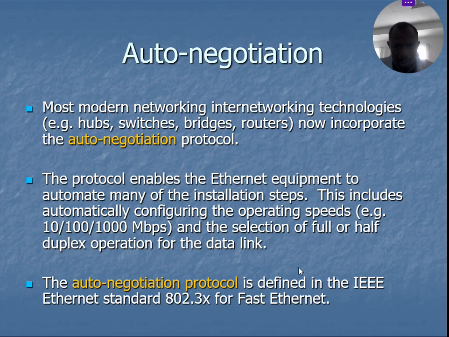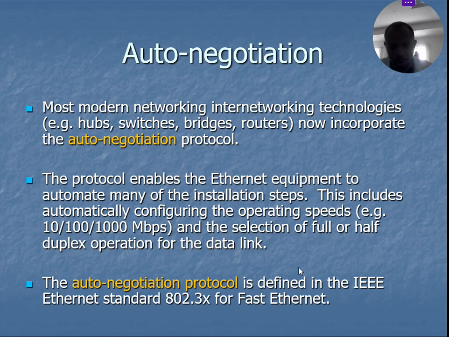It's able to select the kind of speed for the internetworking technologies we use, the hubs, the switches, the bridges, and the routers. Once they configure the speed, they can also select the mode for data upload or download. Will it be full duplex or half duplex?